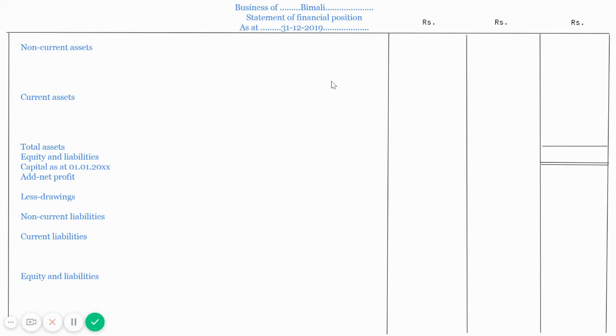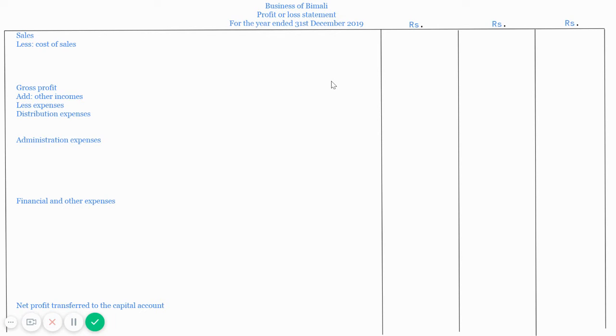And these two must be done in two separate sheets, not on the same sheet, one at the front and one at the back. Mind you again, the two statements must be drafted in two separate sheets, not on the same sheet, front and back.